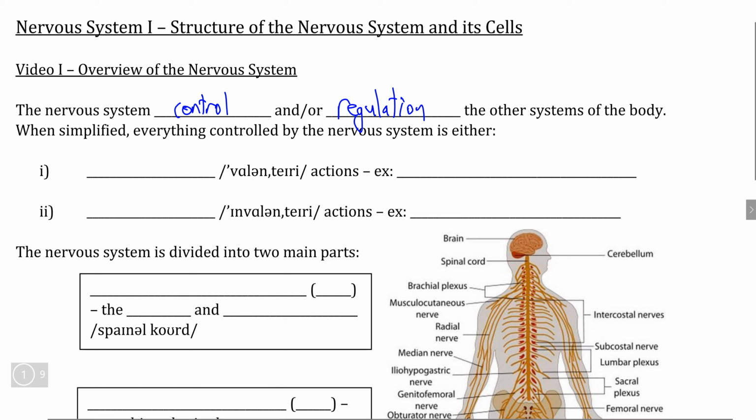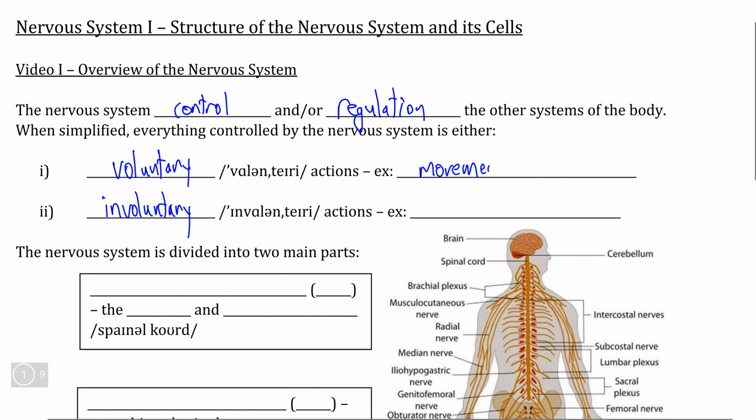Now, the control and regulation exerted by the nervous system can generally fall into one of two categories, that being voluntary control and regulation or involuntary control and regulation. Voluntary control are any actions that we have full control over, meaning that we need to directly think about them in order to influence them from happening.